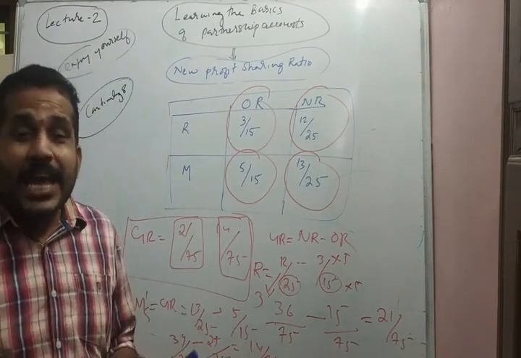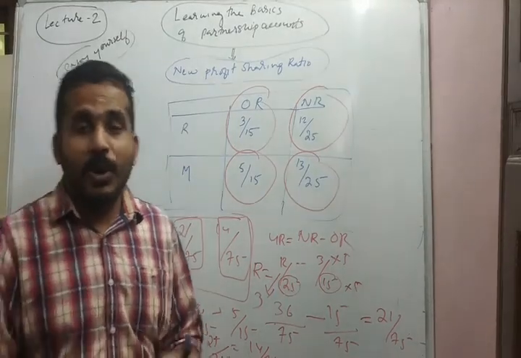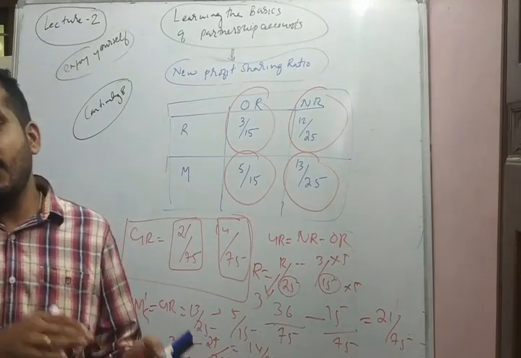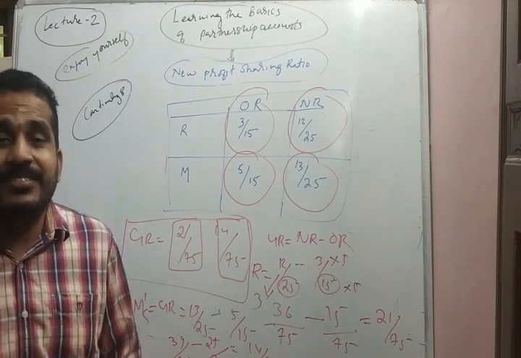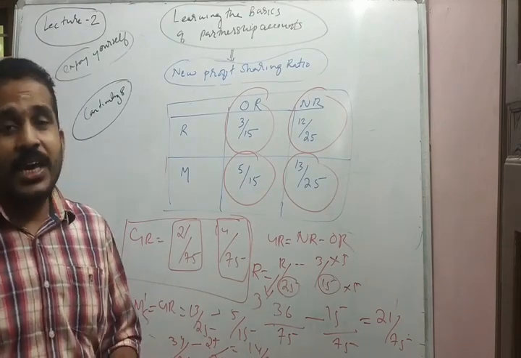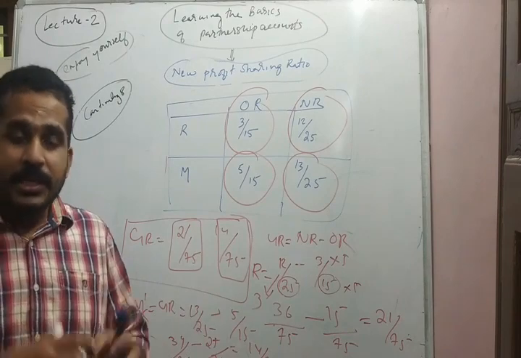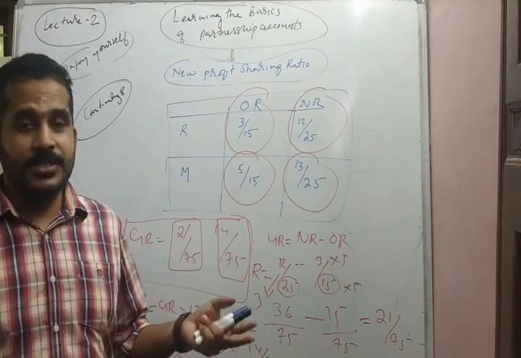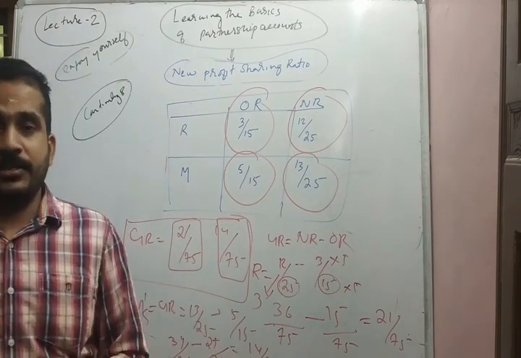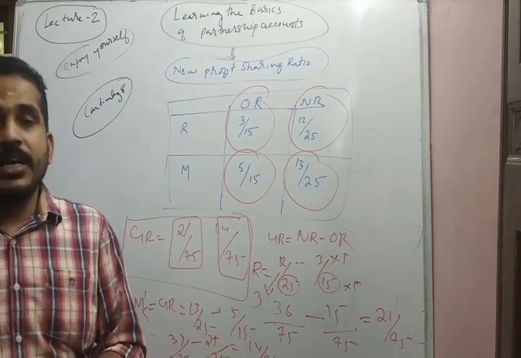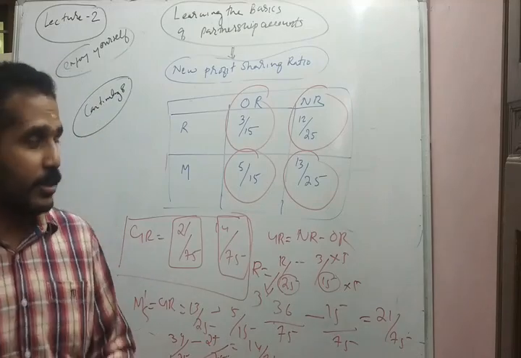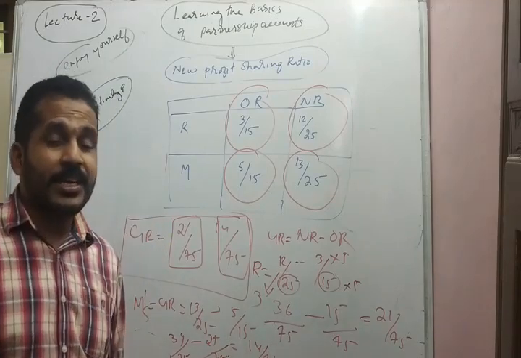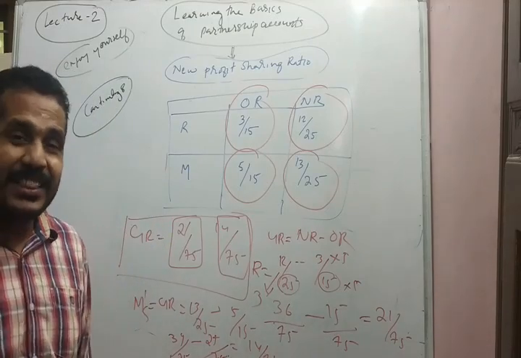This concept is the same in the case of death also, because one of the partners is going out of the business due to his death. So in the same way as in the case of retirement, the existing partners gain. The outgoing partner, the partner who dies, sacrifices his share and gives it back to the existing partners. So this theory can also be applied in the case of death as well.